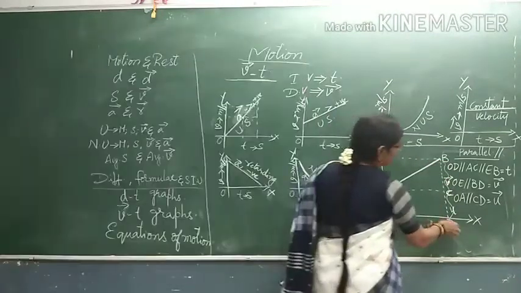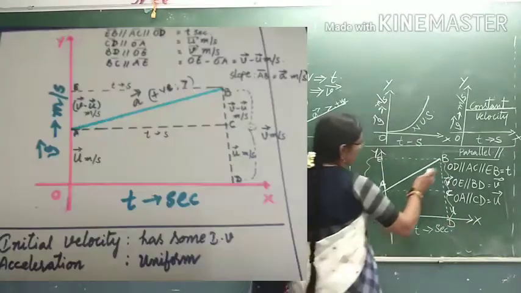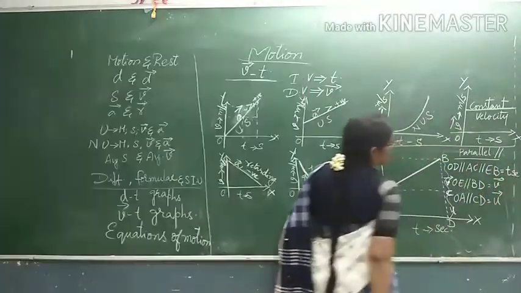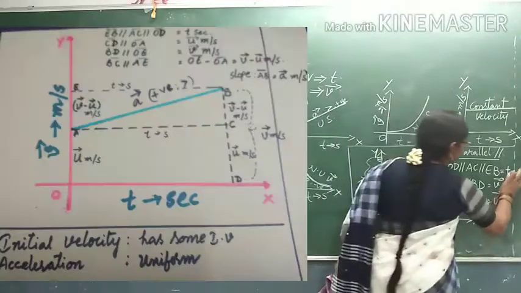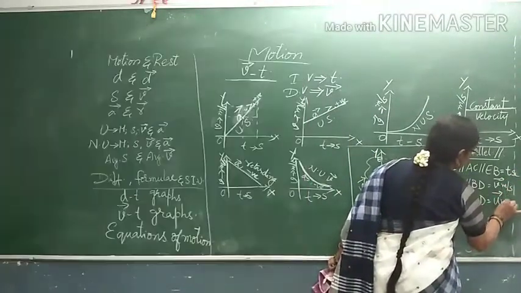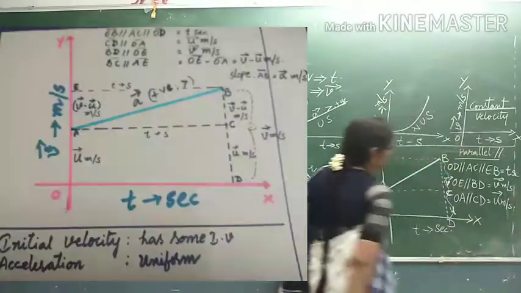Since OD is T, AC and EB are also equal to T. So this is time in seconds, and velocities in meters per second.